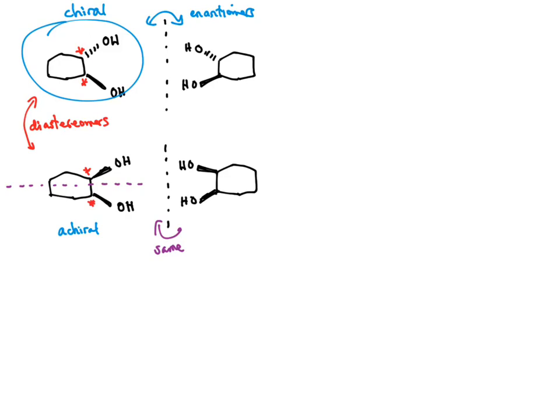And so we have a special name for these types of molecules that have stereocenters but have an internal plane of symmetry. And these are known as meso compounds.